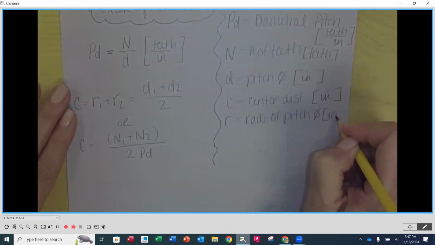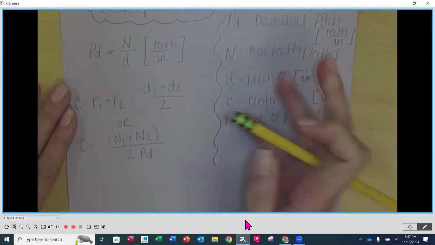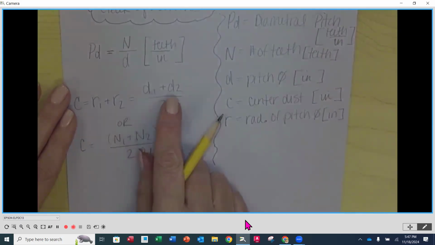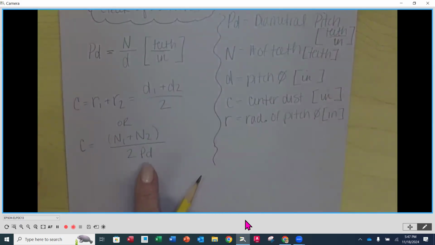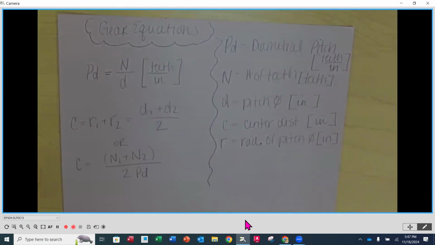That is also going to have units of inches. So it's not radians, it's radius. And then we already know that N is equal to number of teeth, D is equal to pitch diameter, and diametral pitch, P sub D, is diametral pitch. So we don't need to add those variables, okay?